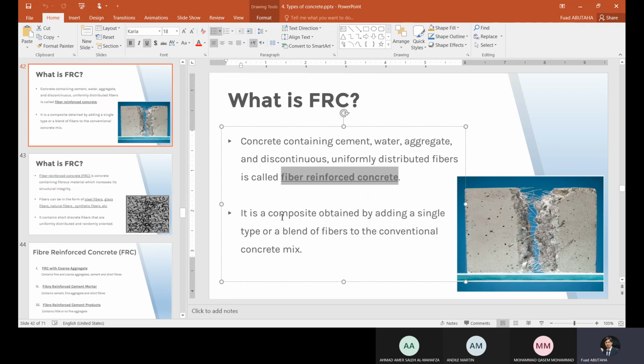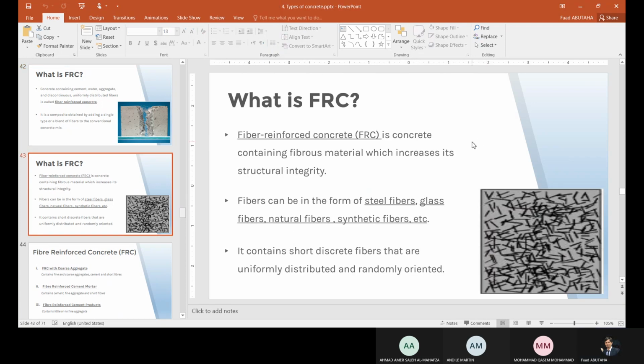So it's a composite obtained by adding a single type of fiber or blended types of fiber to a conventional, normal concrete mix. Fiber reinforced concrete is a concrete containing fibrous material which increases its structural integrity. And we'll get to know the purpose of this.